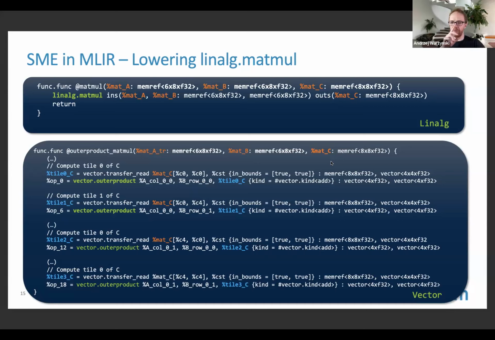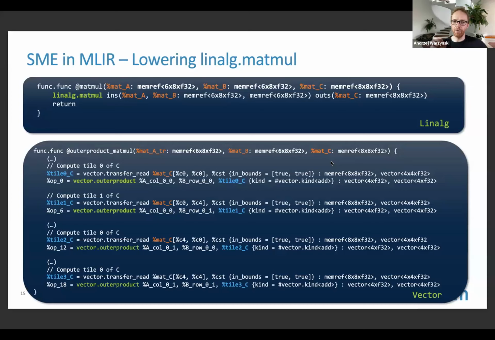And that's the example that I'm showing at the bottom. It's handwritten by myself and my colleagues at Arm. We just sat down and tried to, by hand, write what we think should be a good representation for SME.